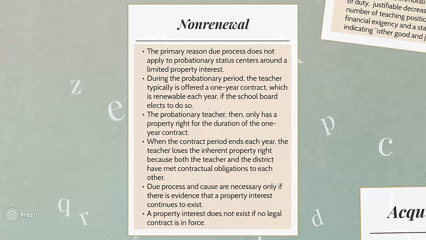When the contract period ends each year, the teacher loses the inherent property because both the teacher and the district have met contractual obligations to each other. Due process and cause are necessary only if there is evidence that a property interest continues to exist. A property interest does not exist if no legal contract is in force.